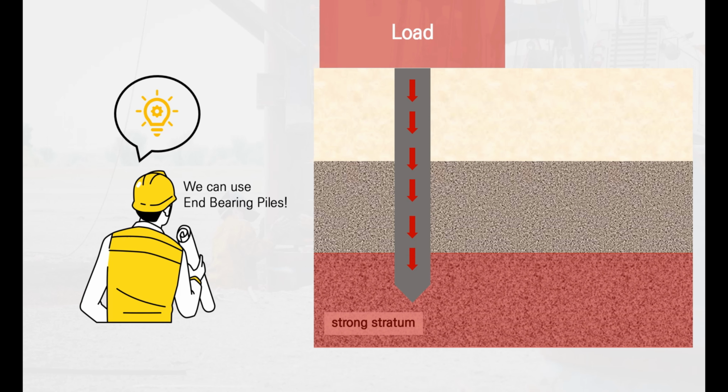They infer most of their load carrying capacity from the resistance of the strong soil layer at the end of the pile. So, the engineers thought that they had succeeded in making a safer foundation than before. But another problem arose at this point.